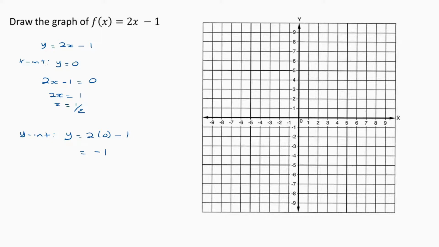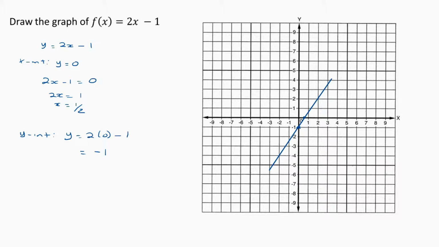So what we're going to do now is look for these points on the graph. So x equal to 1/2, let's put that right about here. And then y equal to -1, so that is right about here. Now we're going to draw a line that joins those 2 points together.